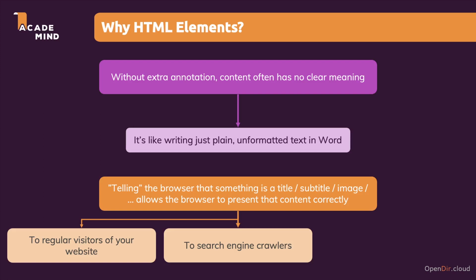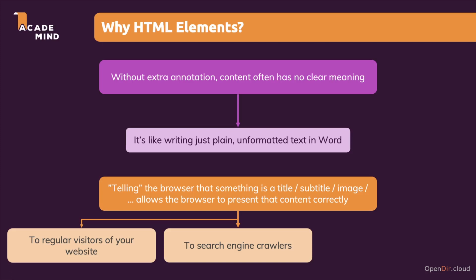And it's able to find out whether a website fits your search query because Google looks into that website. And since, of course, that search engine crawler is not a human, but some program written by developers, that search engine crawler needs extra hints like the HTML annotations to find out what your page is about. So here we're not talking about a human, but about a computer looking at our website. And that hopefully also helps with understanding why extra annotations are needed.